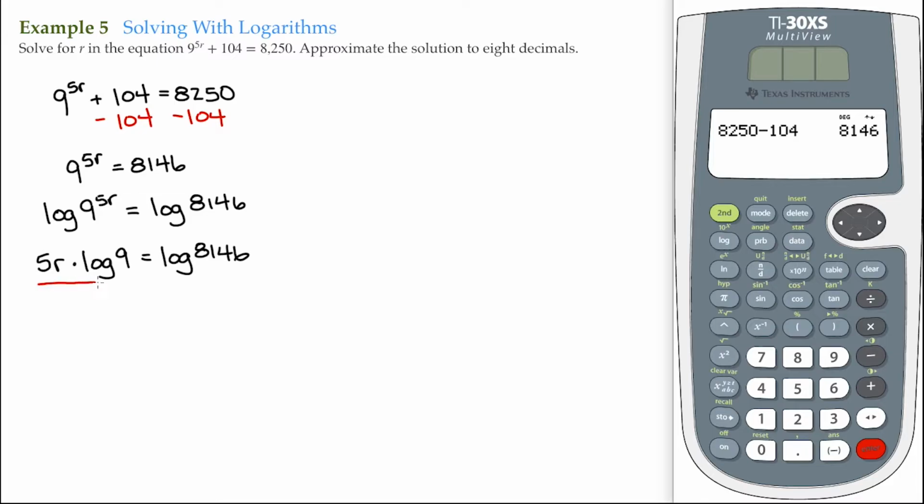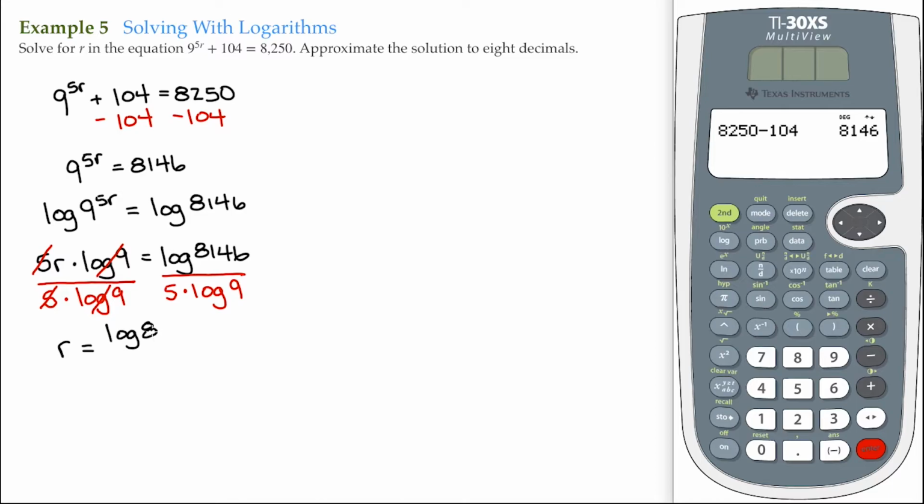I'll divide this side by 5 times the log of 9, and divide this side by 5 times the log of 9. This will cancel, and this will cancel, leaving me with r. That's the whole idea.